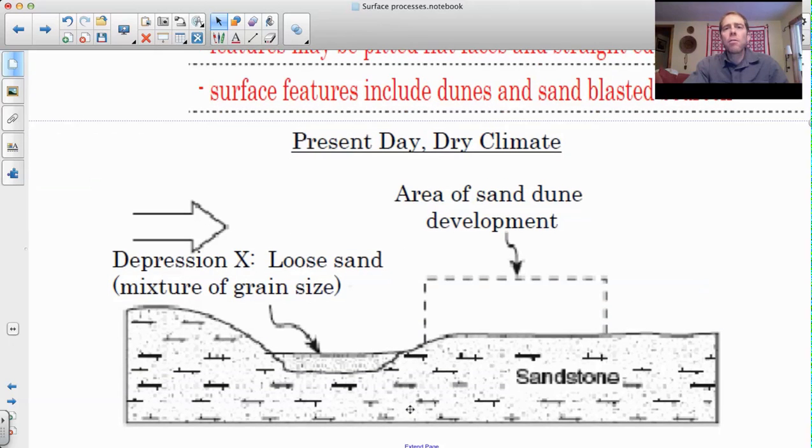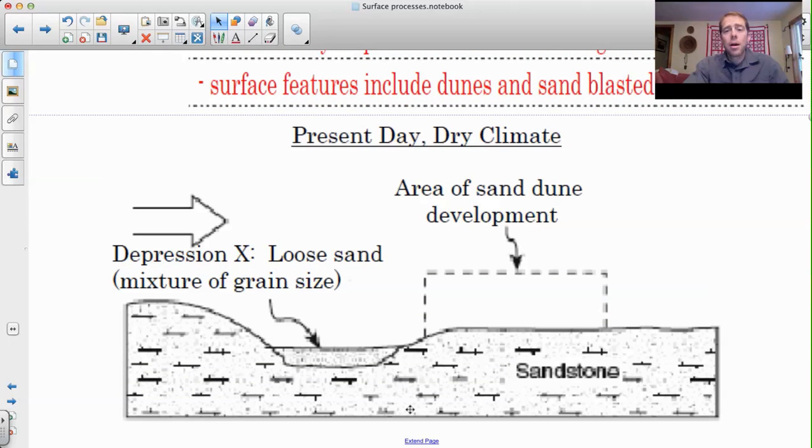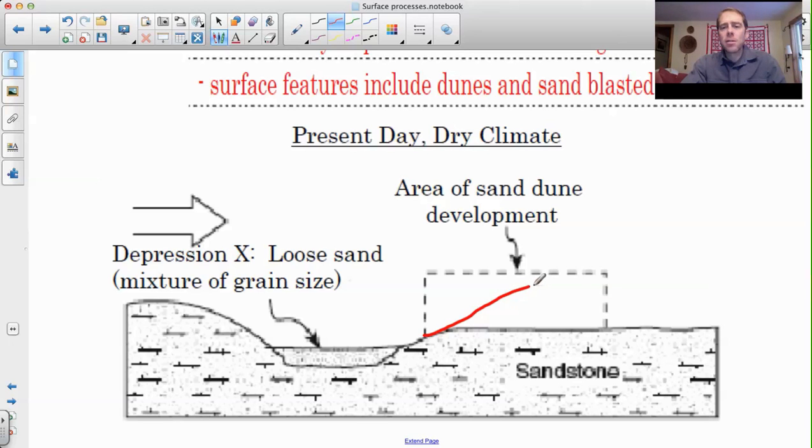If you think of the desert Southwest, and I'll show you some pictures in class of that, those spires and features are key to that. And I'll pause this and pull a few up. But if you look here, if the wind is blowing in this direction, the sand dunes will generally form a gradual slope on one side, and then as the dune gets bigger and the wind starts to go over, it tends to be steeper on this side.